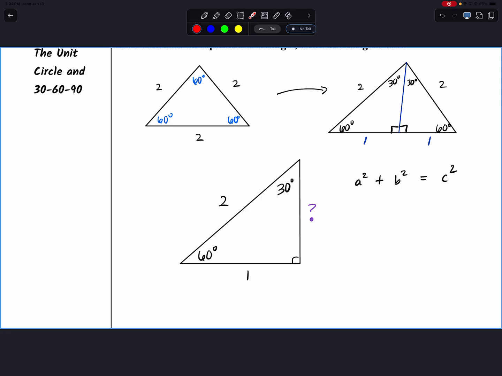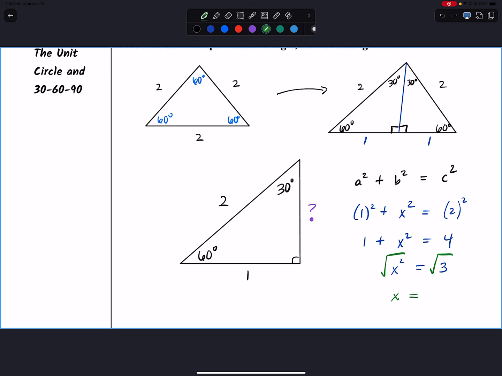Hypotenuse, which is 2, good. So 1 squared plus x squared is 2 squared. 1 squared is 1, plus x squared is equal to 4. Subtract 1 from both sides. Square root. That means x is equal to square root of 3.